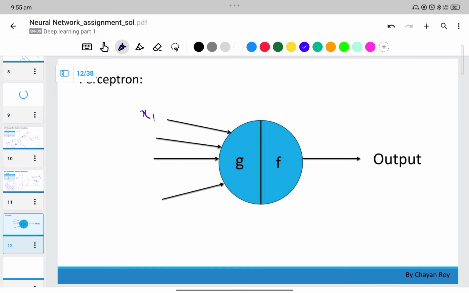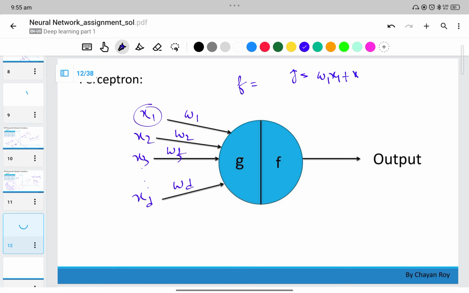So here we will have x1, x2, x3, dot dot dot xd, some dimensional data, and we will define it such that every input is multiplied with some weight vector. So what we can say is that f equals to, first define g, okay. So w1 x1 plus w2 x2 plus up to wd xd.